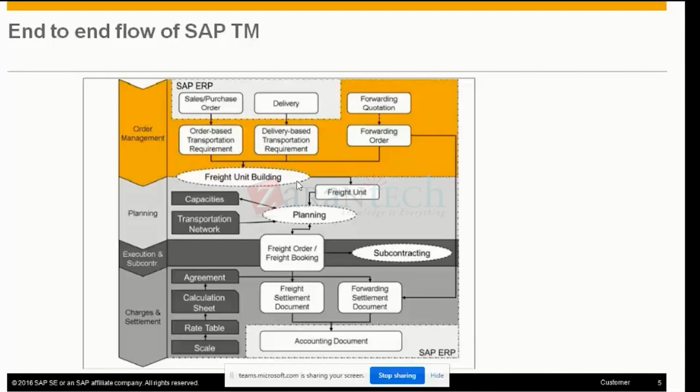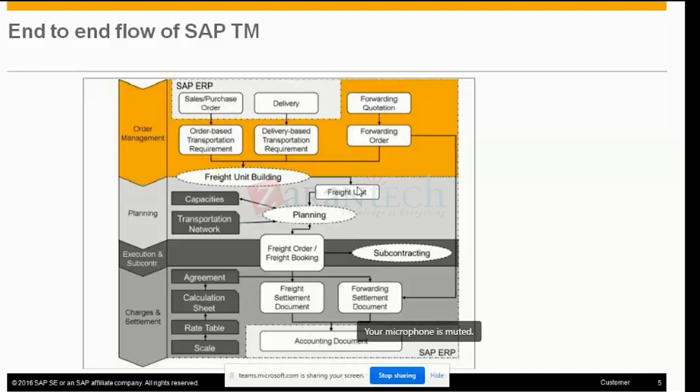So now once my freight unit is there, my transportation planner comes into the picture as part of the planning process. What he has to do? He has to plan the freight unit. So what is the objective of planning? The objective of planning is ultimately to create a shipment document. Correct? So in order to create a shipment document, basically you need to check how my freight unit is to be moved to my final destination location.